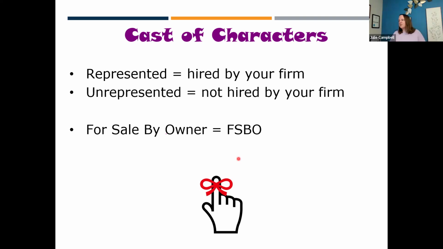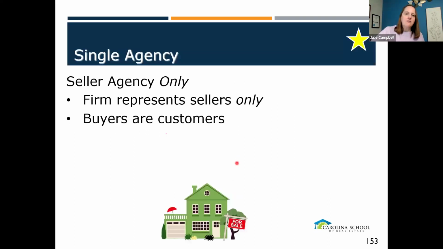So, a couple of different agency options, the agency relationships that firms may or may not choose to work. The first option is a single agency firm. There are some firms out there that will only work with sellers. In seller agency only firms, it's just like it sounds.